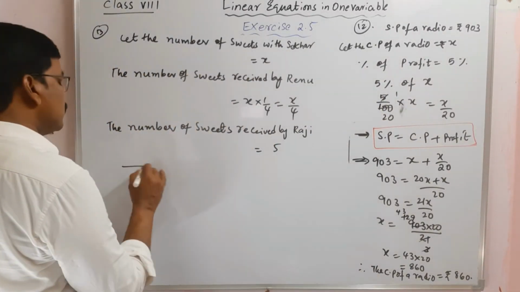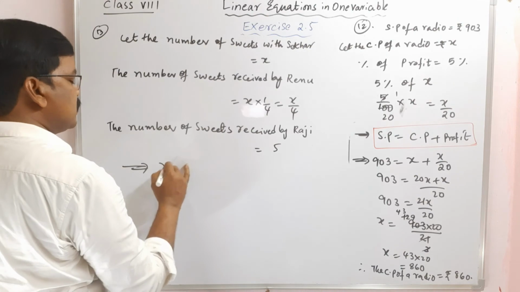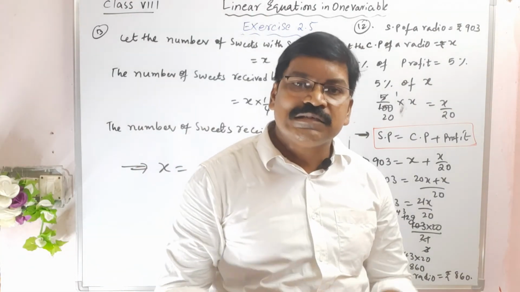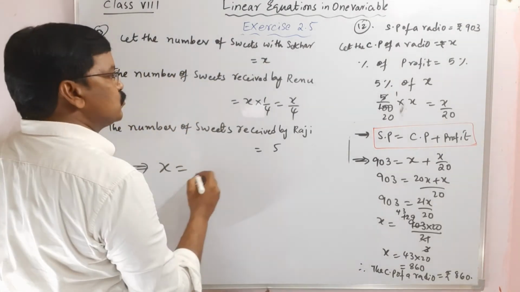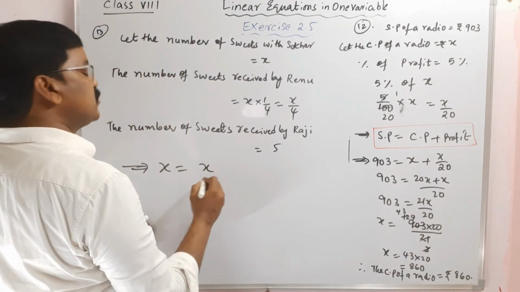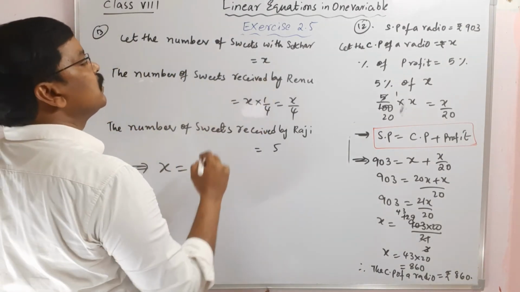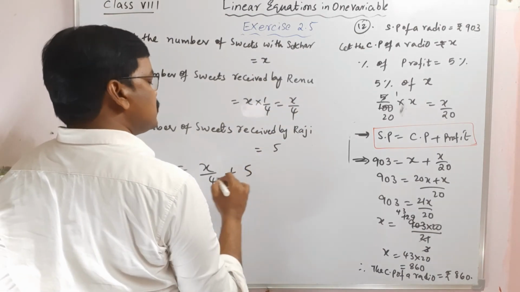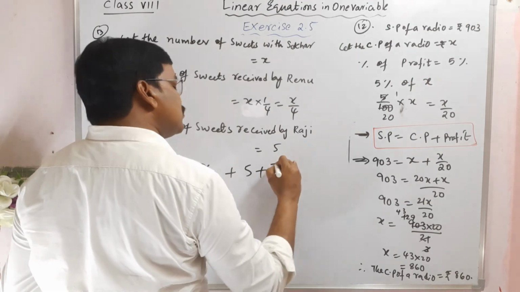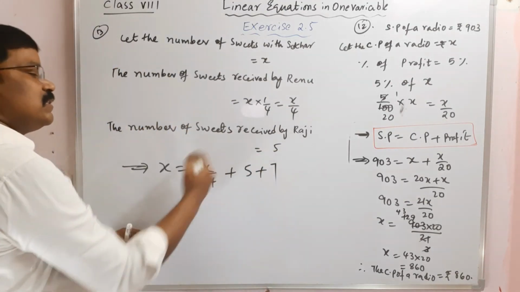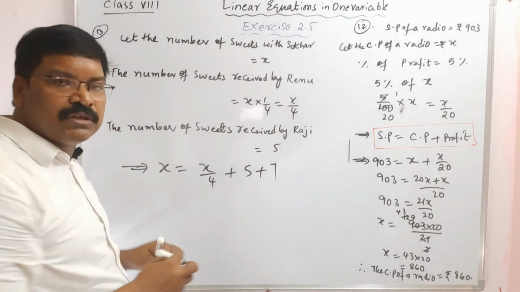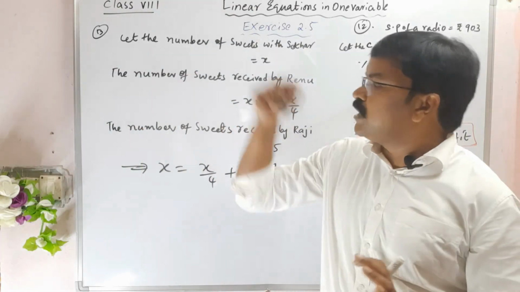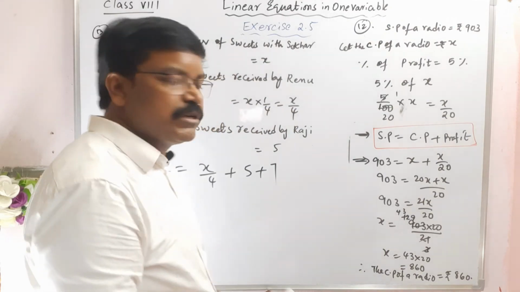That means, see my dear students, the total number of sweets before he distributed to Renu and Razi is X. That X should be equal to the sweets given to Renu, X by 4, plus the sweets given to Razi, 5, and the remaining sweets, 7. This total number of sweets equals the number of sweets with Shaker before he distributed.